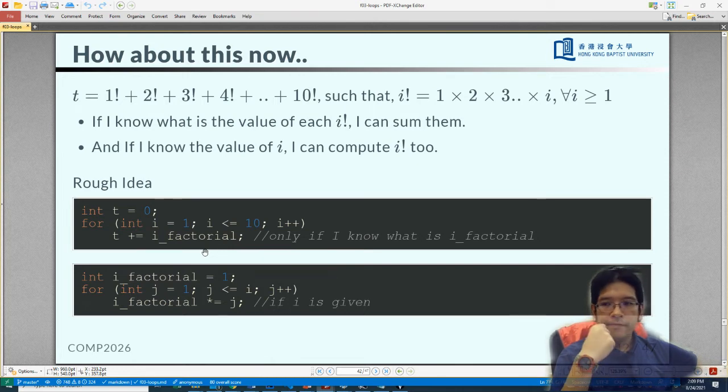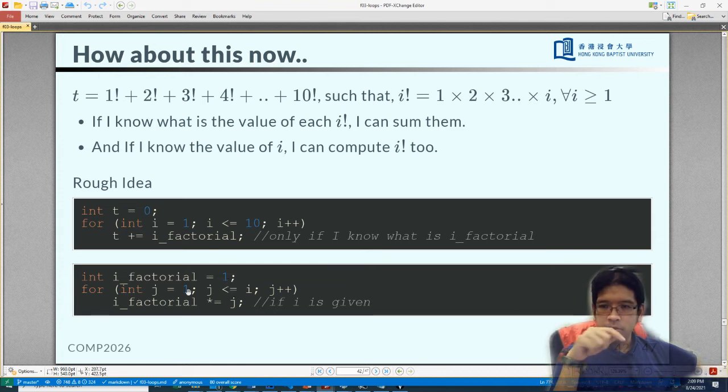And if I know the values of i, can I compute i factorial? Yes, I can. This part does provide us i factorial. i factorial begins with 1, and then we want to multiply that by 2, 3, and up to i.